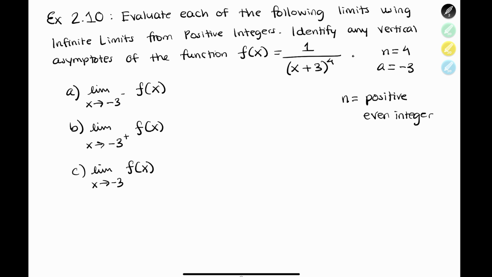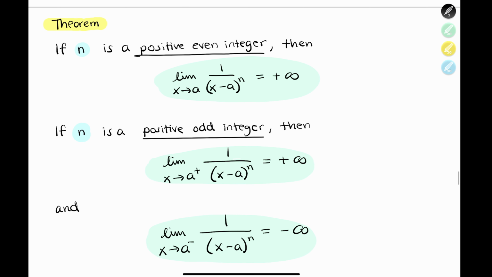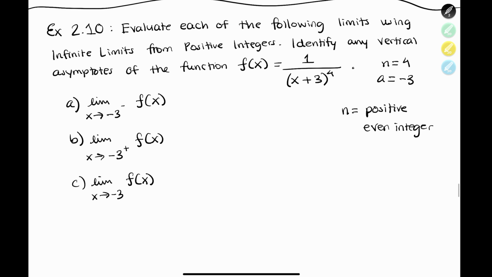Looking back at our theorem that we just learned about, in the case that n is an even positive integer, the limit as x approaches a of 1 over (x minus a) to the power of n is equal to positive infinity. So that means that the limit for part A is equal to positive infinity, and the limit for part B is equal to positive infinity.